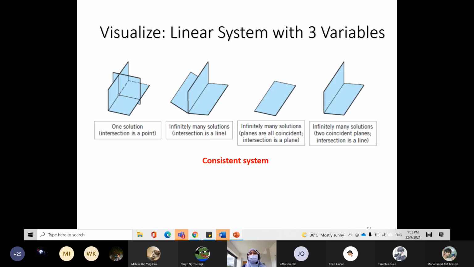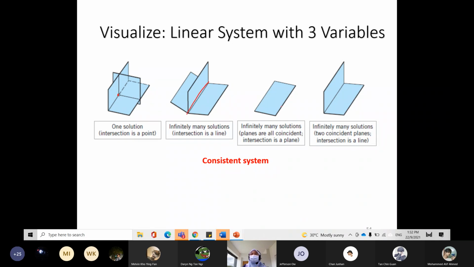Okay, so in the consistent system, you can see that all three planes, all three equation graphs, intersect at one point. So here we have one solution. You can have many solutions where the intersection is a line.